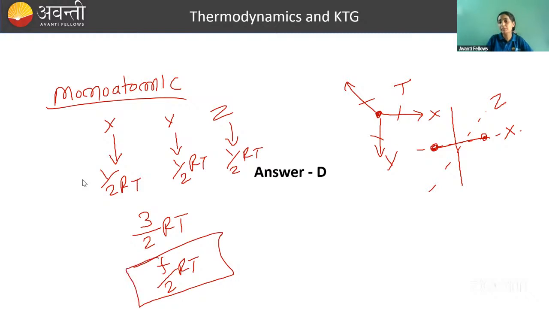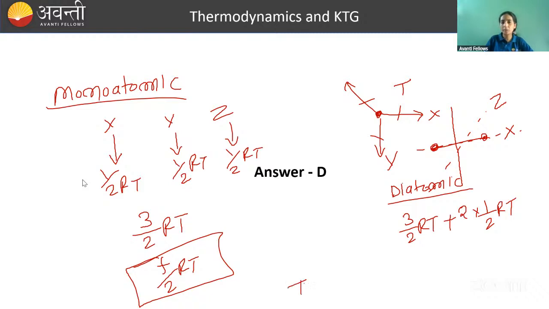Similarly for diatomic, अगर मैं diatomic की बात करूं, so it can translate in 3 directions. So 3 by 2 energy coming from there for 1 mole, and it can rotate in 2 directions. So again, degree of freedom for rotation is 2. So 2 into again half RT, because each degree of freedom has how much energy? Half RT for 1 mole. So this is this.